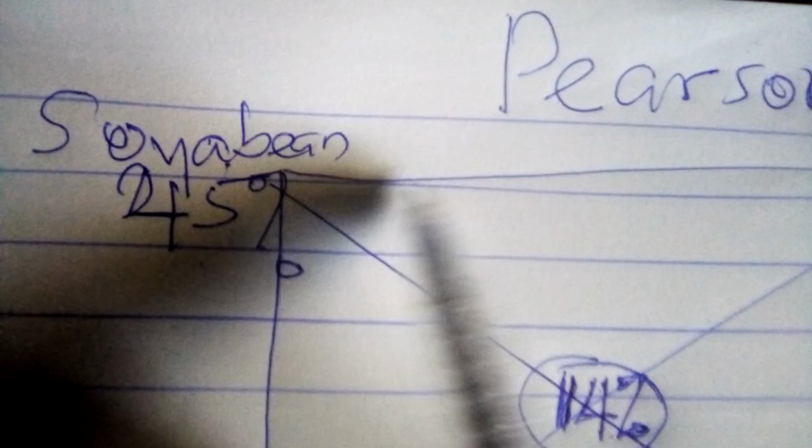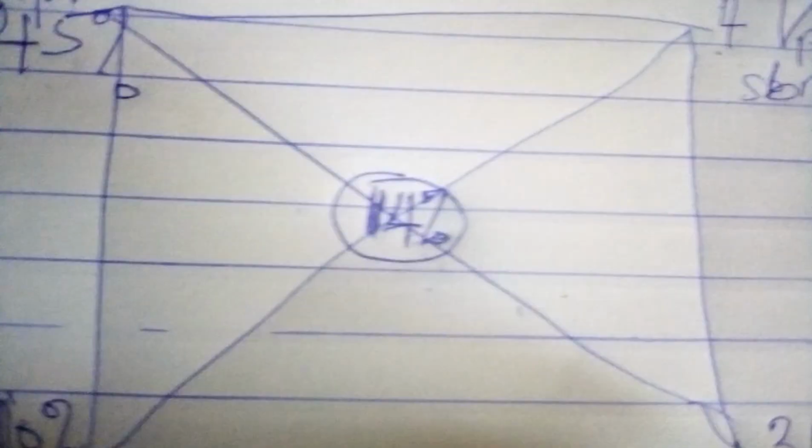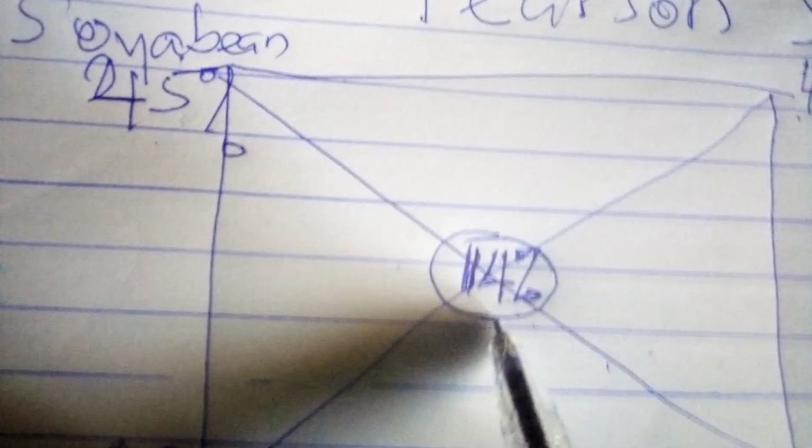You can go over it now. I believe you are with your jotter. So you draw the square. That's the Pearson square method. Write the value first, the value in the middle, the protein, the crude protein that you want to determine.